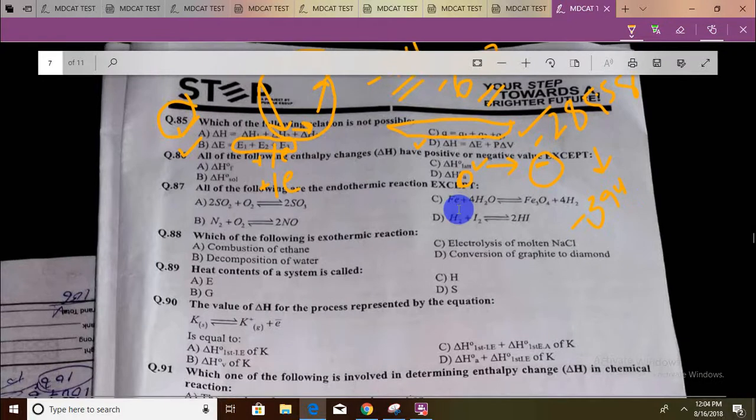So all of the following are endothermic reactions, except this one, which is actually what happens to sulfur in the contact process. You need to remember the value. It's like negative 255 or 256.